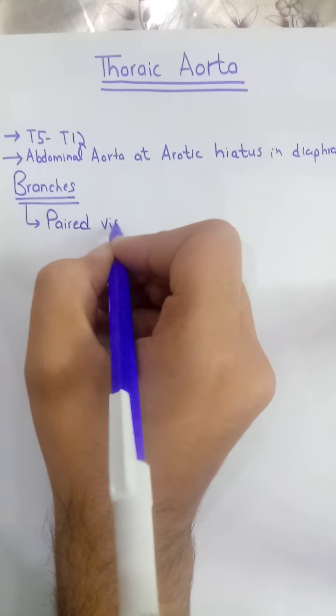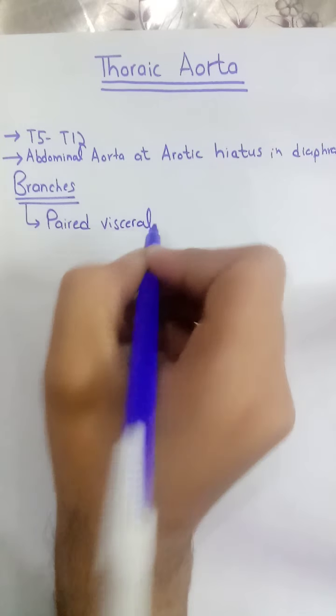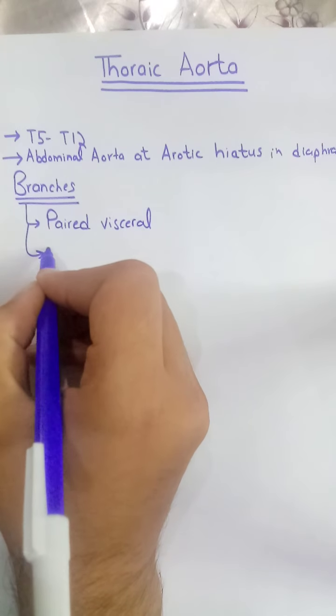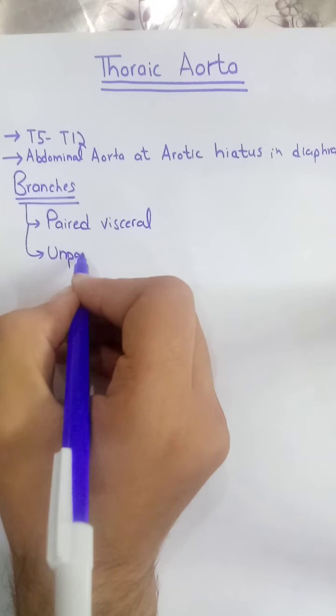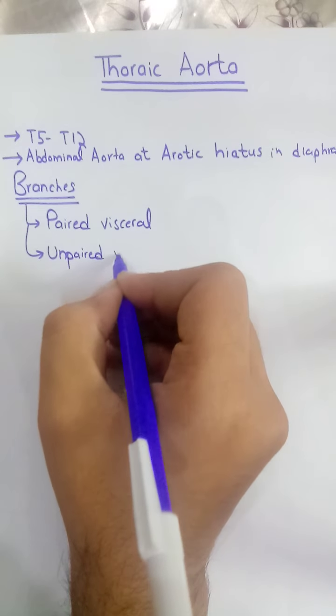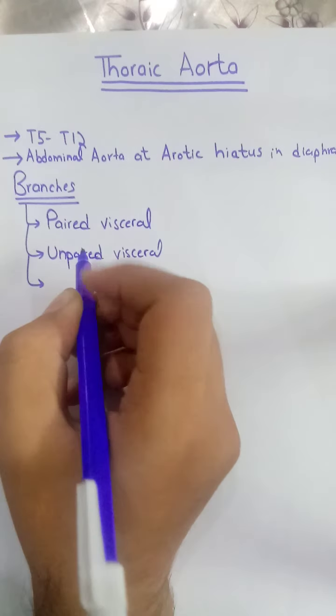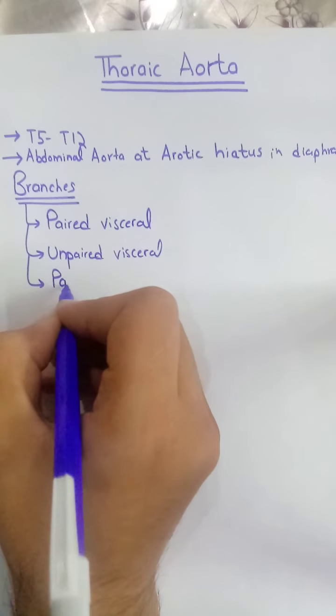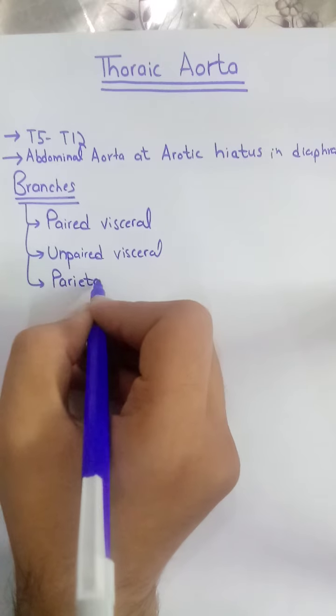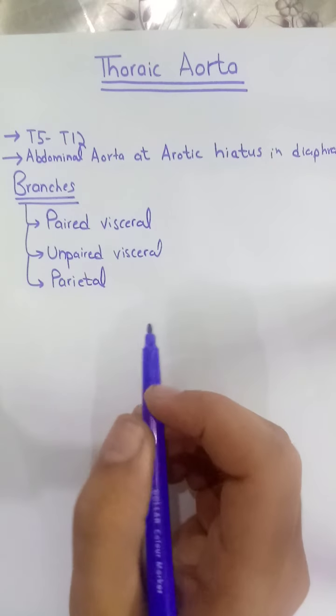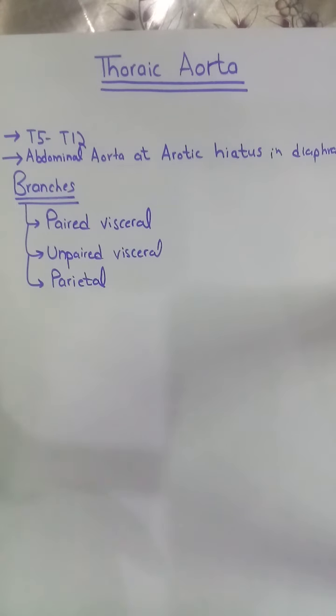The second one is the unpaired visceral branches. And the third one is the parietal branches. Now we will discuss these branches one by one.